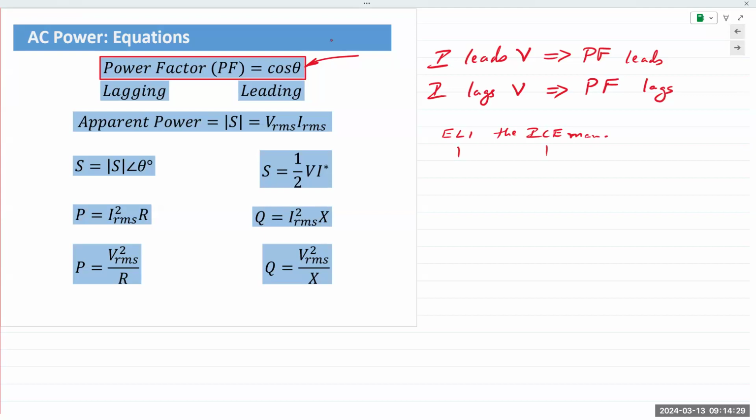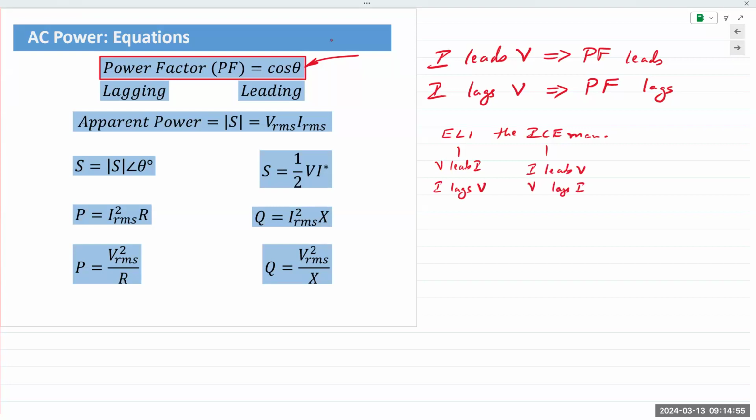So for an inductor, the voltage comes before the current, meaning the voltage leads the current. In other words, the current lags behind the voltage. For a capacitor, it's the exact opposite. The current leads the voltage, or voltage lags behind the current.